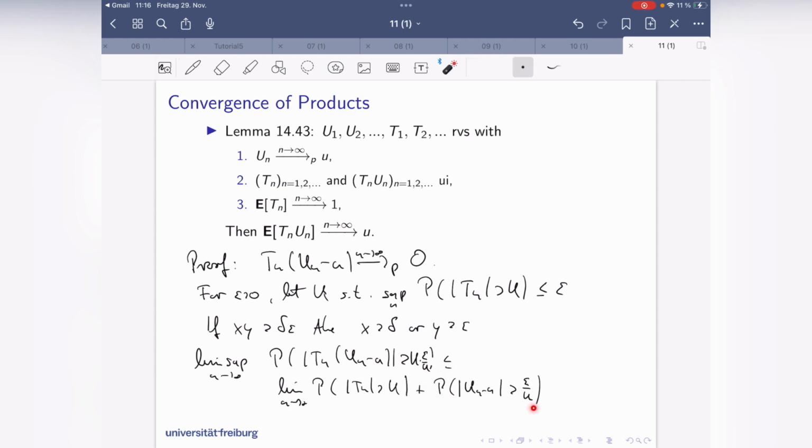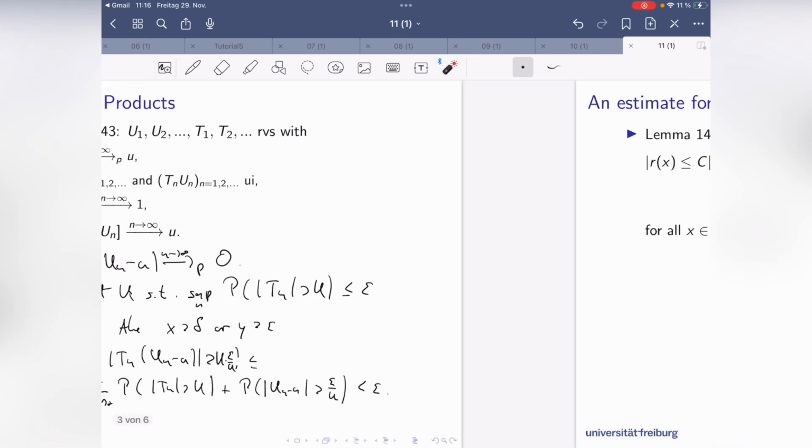The latter converges to 0 because Un converges to U, and the other is less than epsilon. Which means we have shown convergence in probability. Okay.